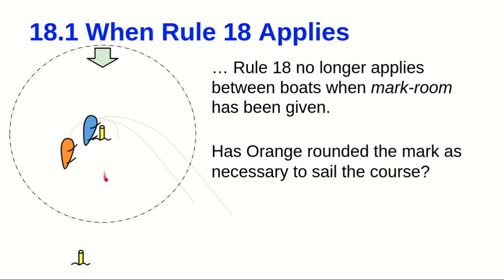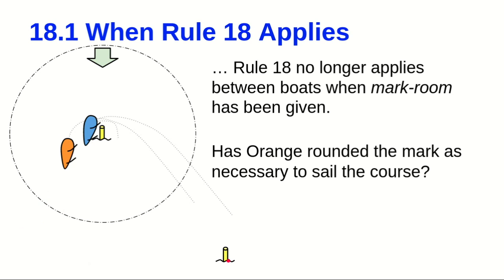We need to know where the next mark is. So if the next mark is down here, then orange has rounded the mark. She's headed towards the mark. Now tactically she might want to jibe onto port and go this way, but mark room doesn't allow her to do so. She's sailing the course. Blue can hold her out, take her out this way as long as she likes.